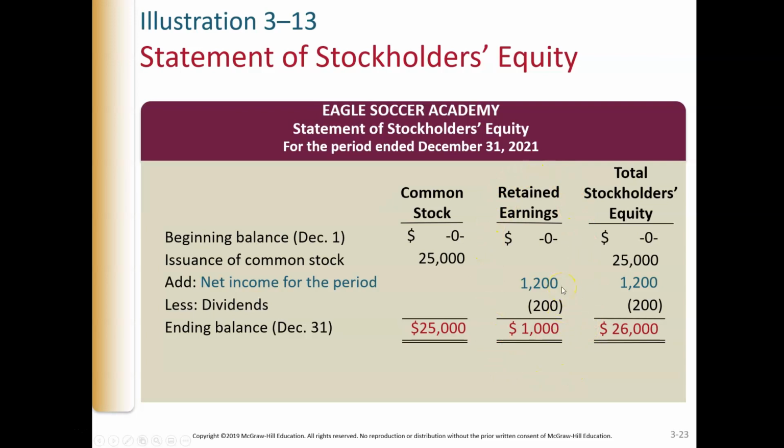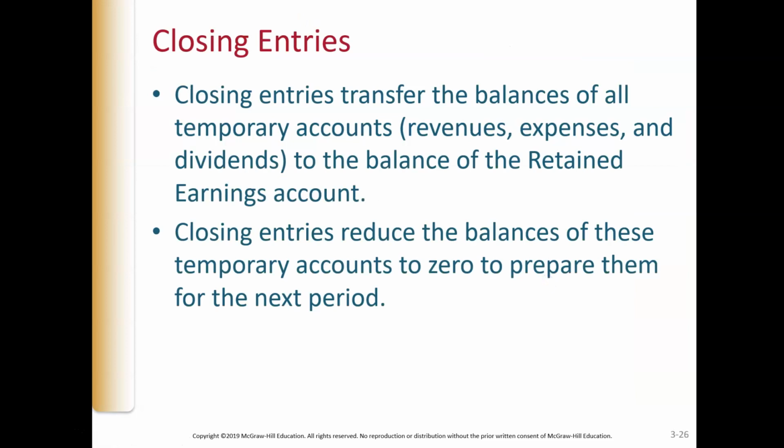It moves the numbers there. When we prepare the financials, we're just preparing financials with those numbers. We're not actually moving those numbers to those accounts. But we need to move net income into retained earnings. And we need to take dividends out of retained earnings. Net income is made up of revenues and expenses. So when we do closing entries, we close revenues, expenses, and dividends to retained earnings.